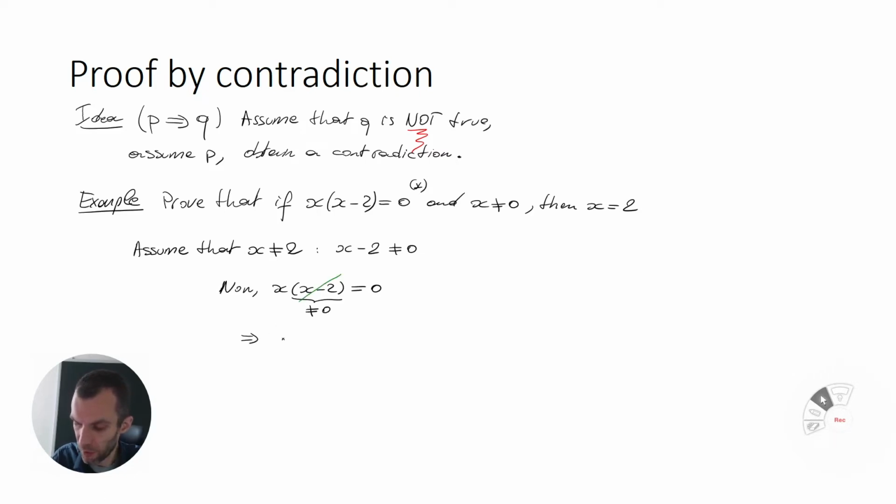And from that we get then that x is equal to 0, because the product of two things is 0, and one of those two things is not 0, the other thing has to be 0. And now we've arrived at a contradiction, because in the givens we also have explicitly given that x is different from 0.